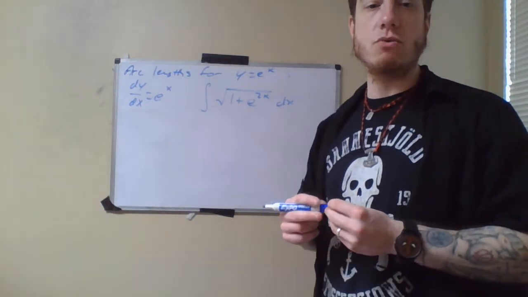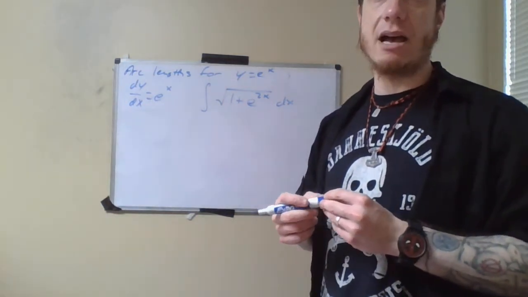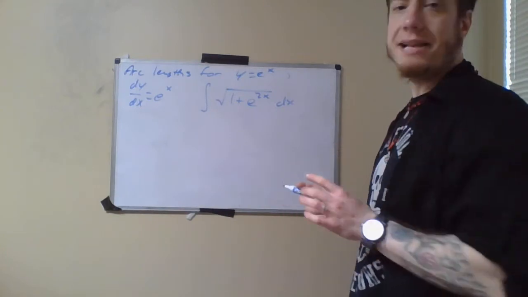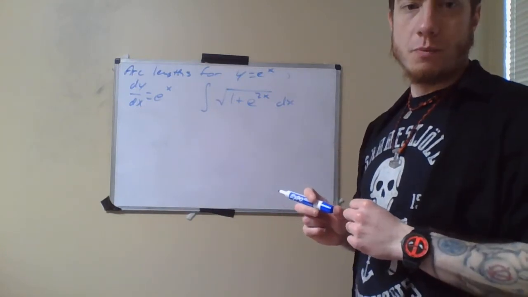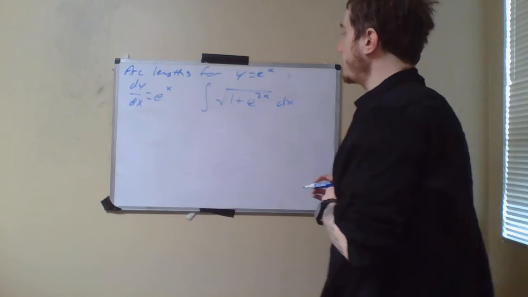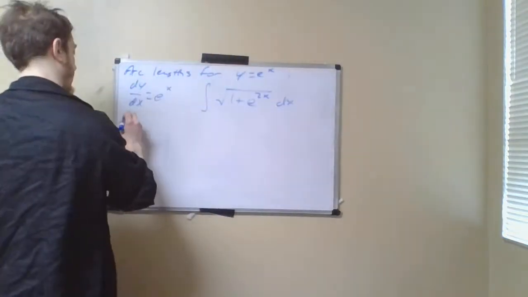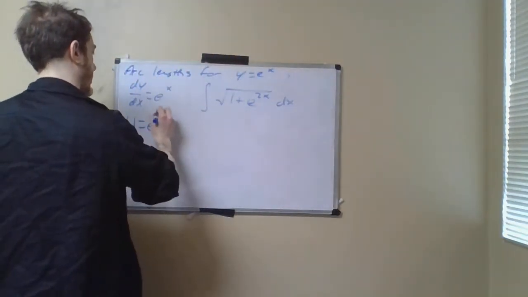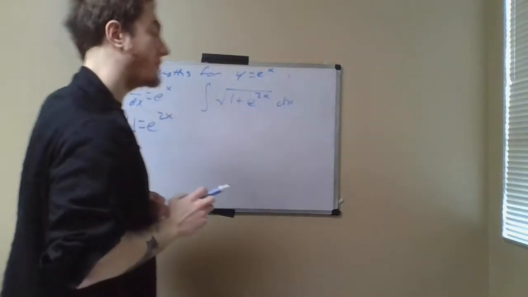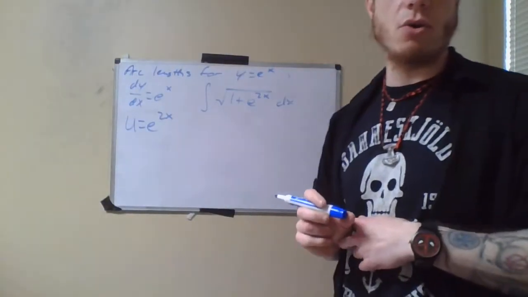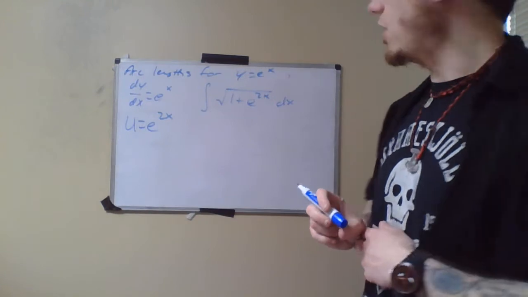So what I'm going to do now is let u be equal to e to the 2x. And if I do that, then we need to figure out what dx is.